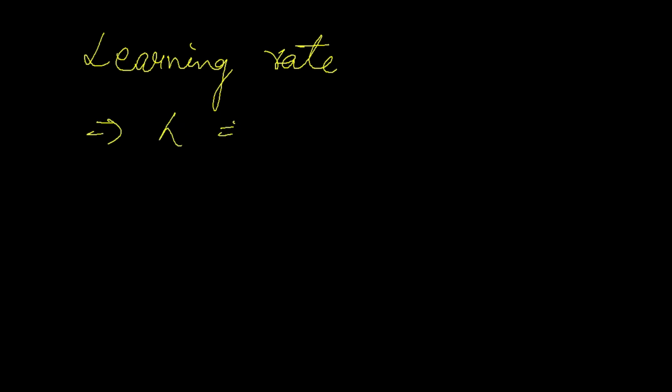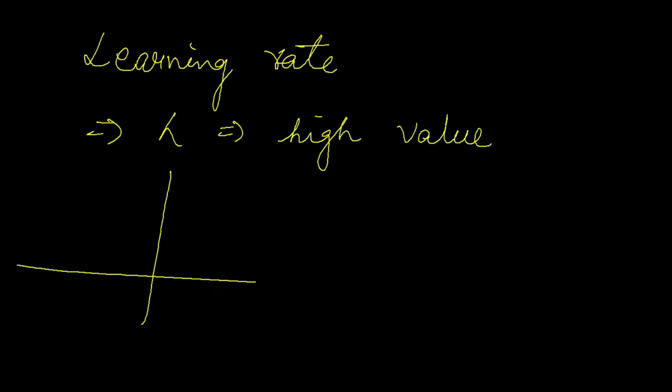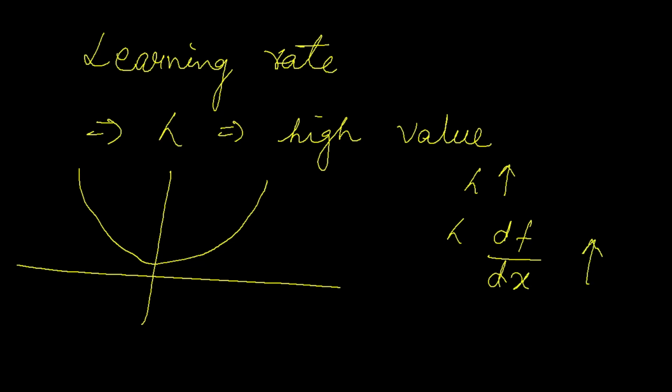So here we see that the main role is performed by the learning rate. How? When this learning rate lambda has a high value, then the decrement, you can see when lambda is high, then lambda times df/dx is also high.